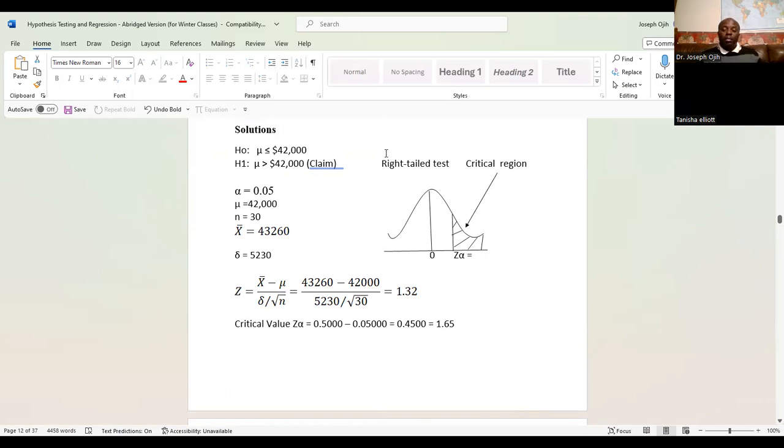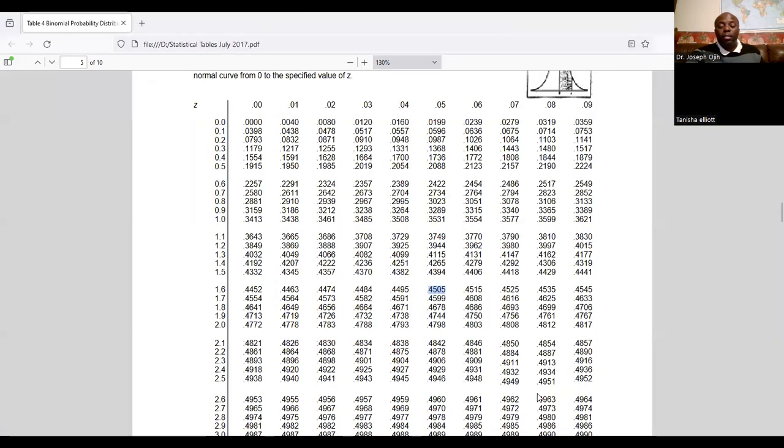You just subtract the alpha from it, and then look for it on the table. If you're using this table, that's how you're going to do it. If you're using the cumulative one, there's a different way you can do it. If you're comfortable with that, fine.